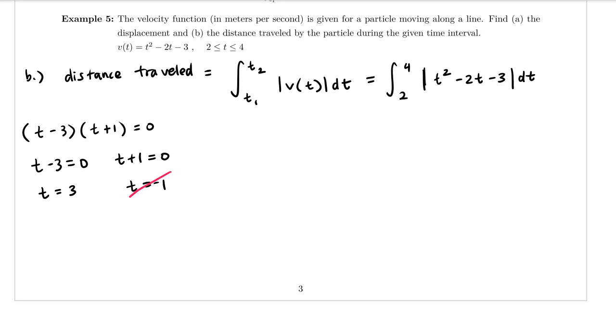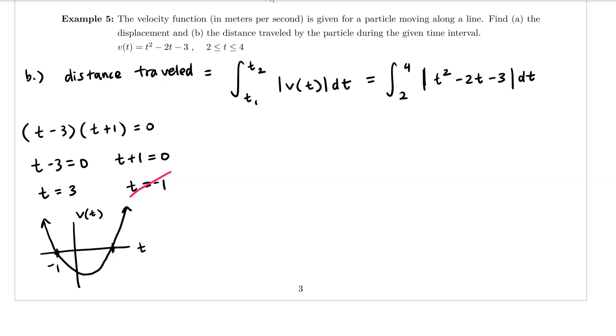I'm not really concerned with negative values of time, but the reason that I'm doing this is because if this was my velocity axis and this was my time axis, I know that at -1 it crosses the t-axis, and at +3 it crosses the t-axis, and so maybe my graph looks something like that.